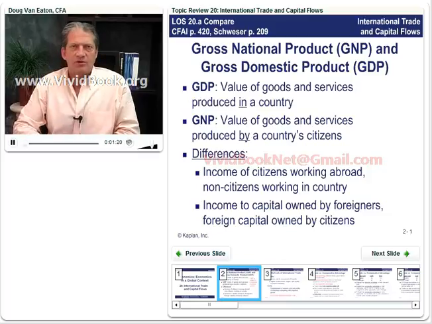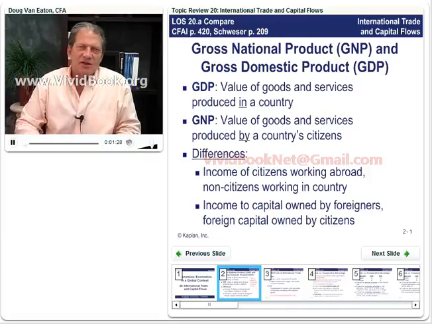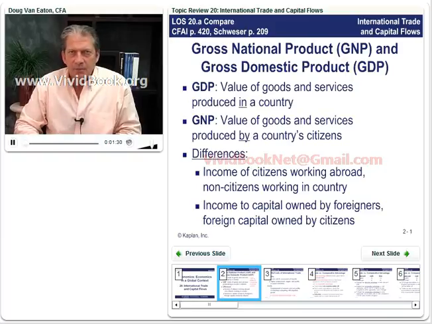Income of citizens working abroad also counts in a country's GNP, and then it goes the other way too. Income made in the domestic country by capital owned by foreigners is going to be in the foreign country's GNP, but not in the domestic country's GNP. And same thing with workers. So where they're located matters for GDP, and what country they're a citizen of matters for GNP.